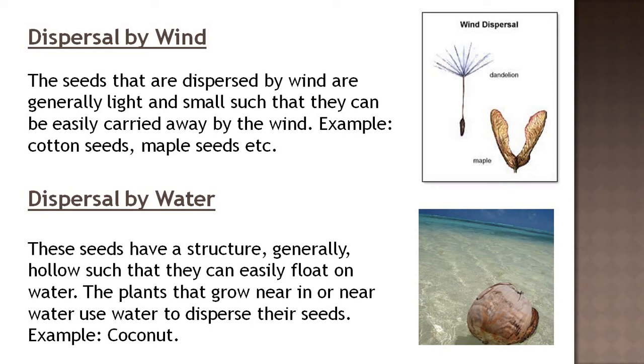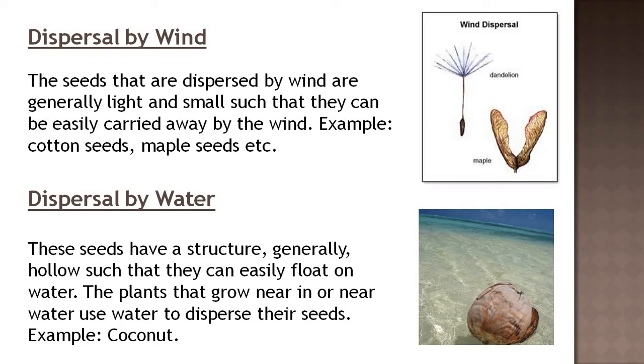Means the plants which disperse seeds by wind, those seeds are light in weight, they are small, and they have structures like hair-like structures or wing-like structures that can be easily carried away by the wind. For example, cotton seeds and maple seeds disperse by wind.